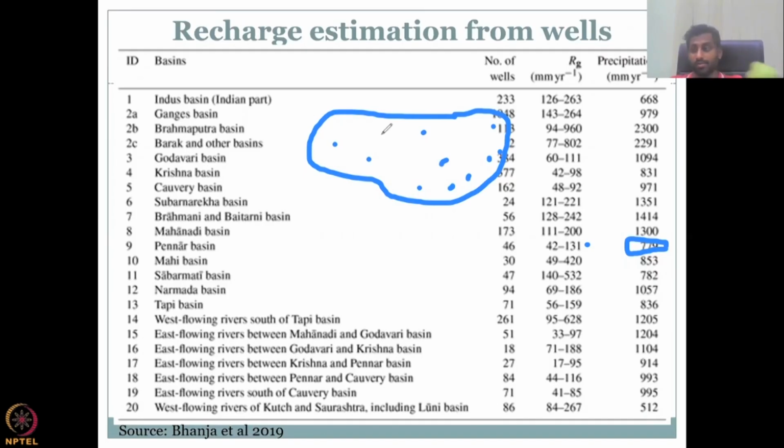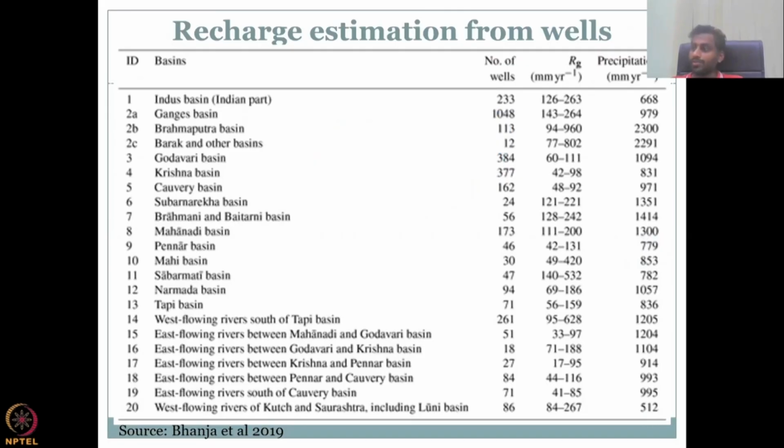Along the Ganges, it is not the same. So this study is very important to quantify the differences one can expect because of the placement of the basin in a particular aquifer system or a geology type, and also the rainfall. All of this is driven by your well record.